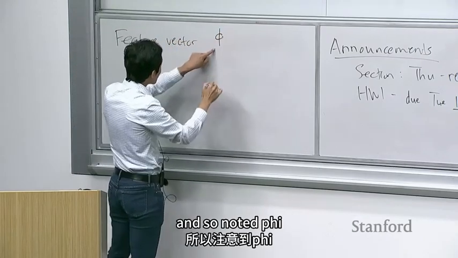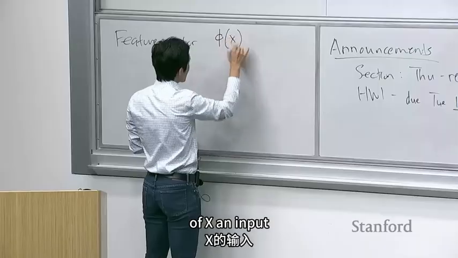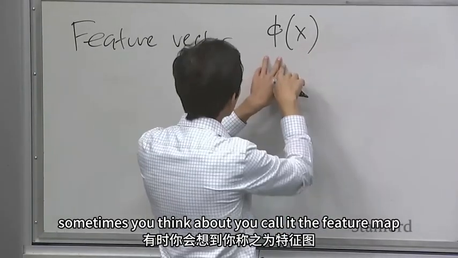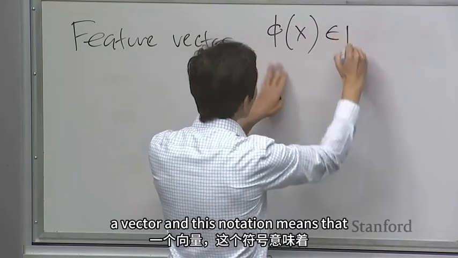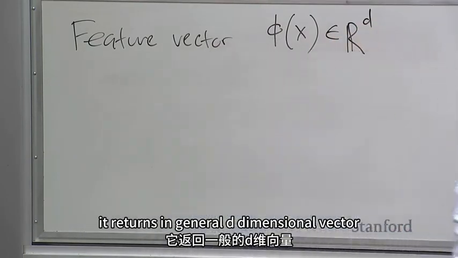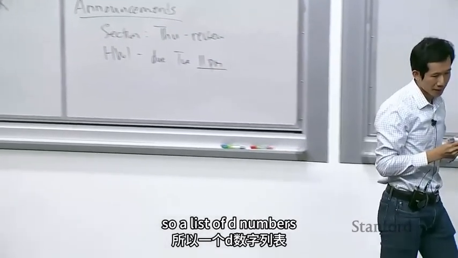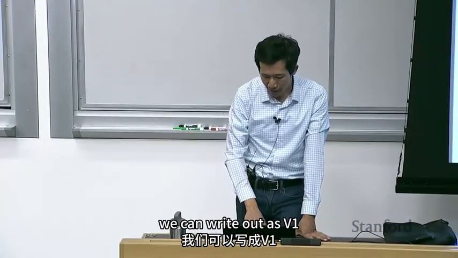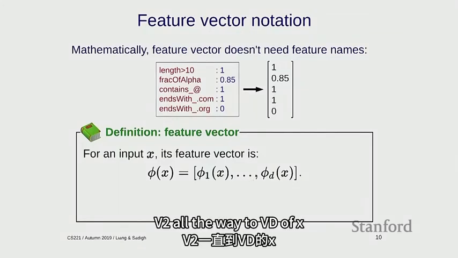It's denoted phi of x, for an input x. Phi itself, you sometimes call the feature map, which takes an input and returns a vector. This notation means that it returns, in general, a d-dimensional vector, so a list of d numbers. The components of this feature vector we can write down as phi_1, phi_2, all the way to phi_d of x.